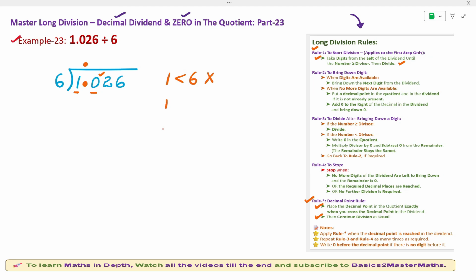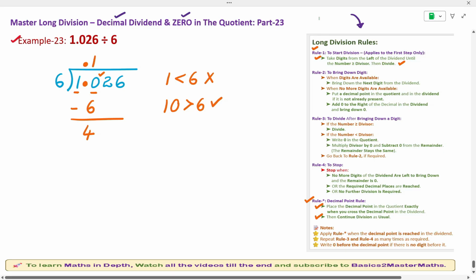So, the number becomes 10, which is greater than the divisor 6. Hence, divide. 6 ones are 6. So, you will get 4 as the remainder. Now, rule 1 is complete.